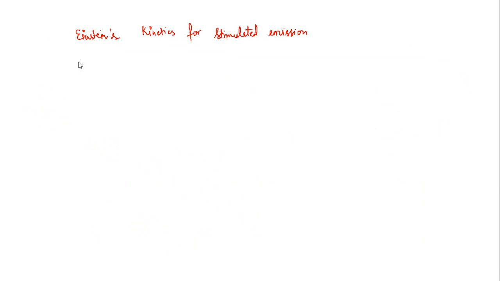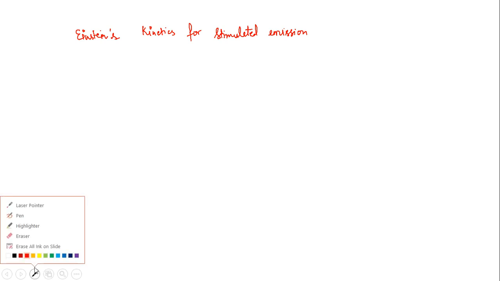So we were discussing Einstein's kinetics for stimulated emission. This is the ground state 1 and this is the excited state 2. There are three processes going on at the same time in the system.